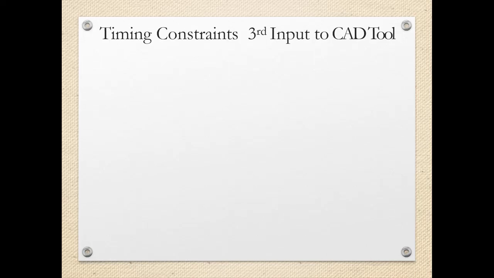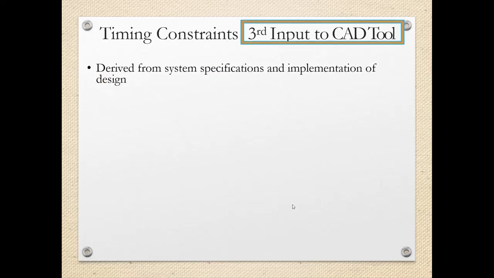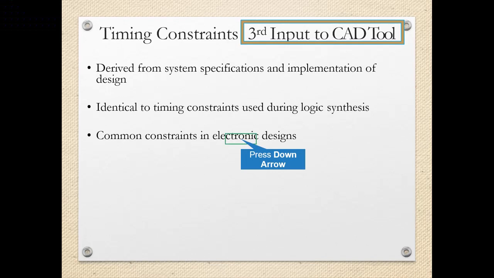Then comes the third input to the CAD tool, that is the timing constraint. It is derived from system specifications and implementation of design, identical to the timing constraints used during the logic synthesis.